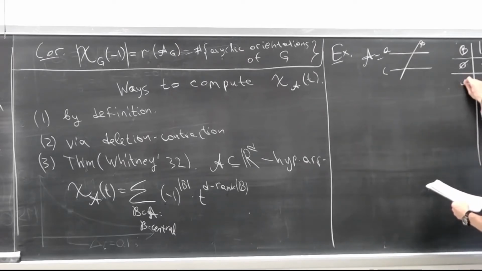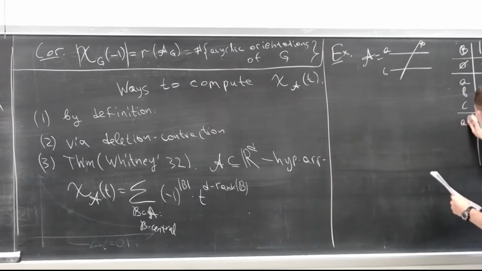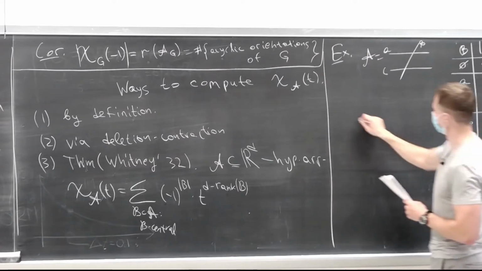So A, B, and C are all of size 1, and they give you a term of t. And then what are the central subarrangements of size 2? A, B, and B, C. The term is just going to be 1, or t to the 0. So what is the characteristic polynomial?